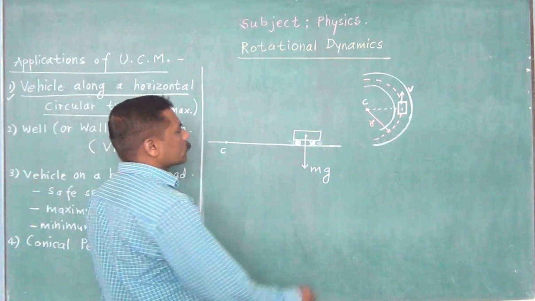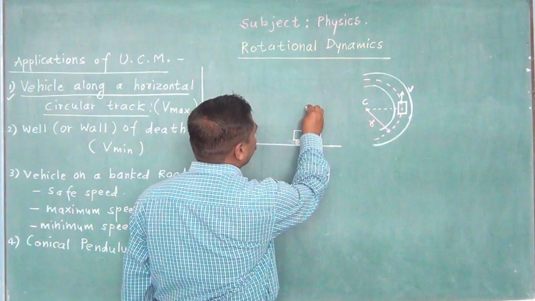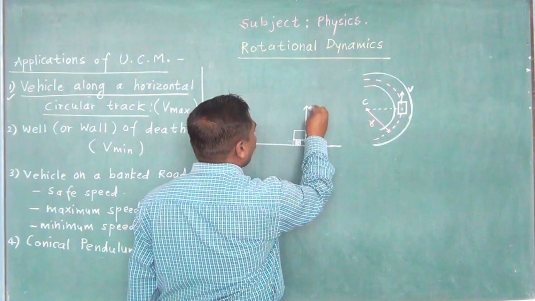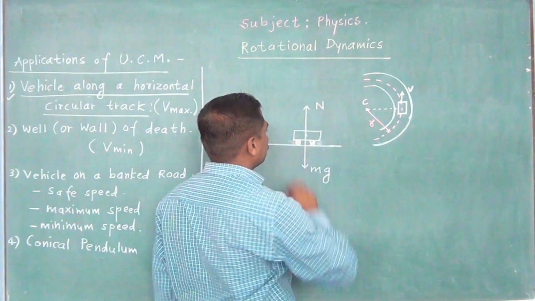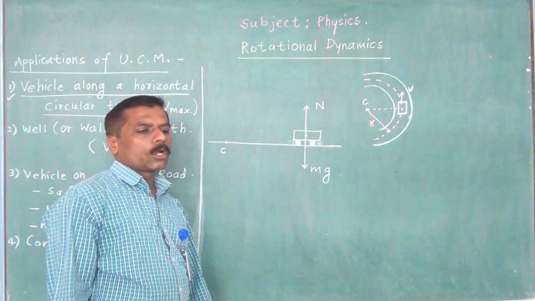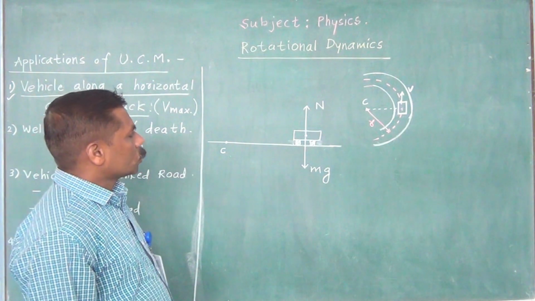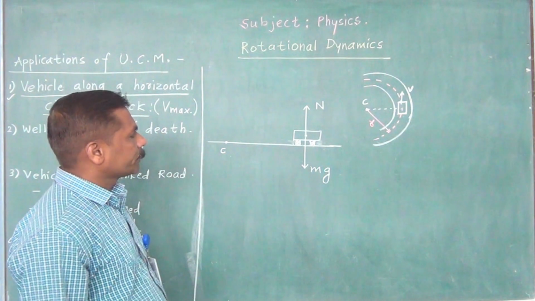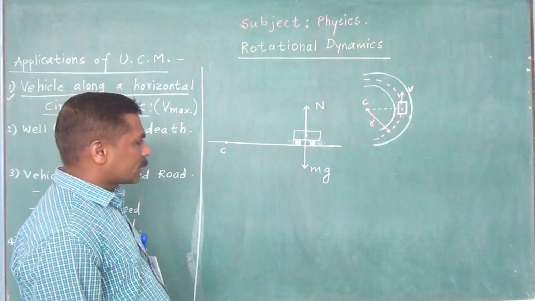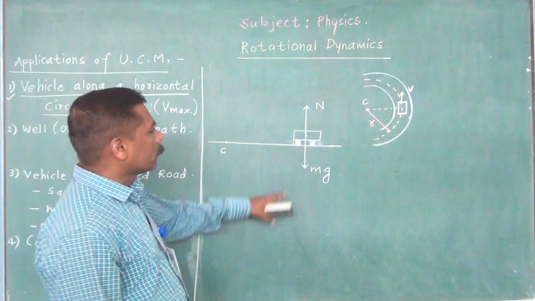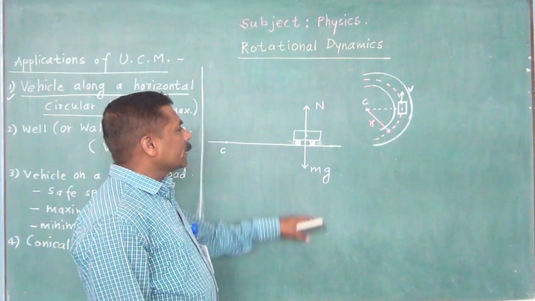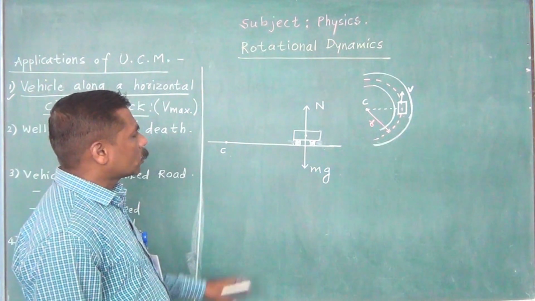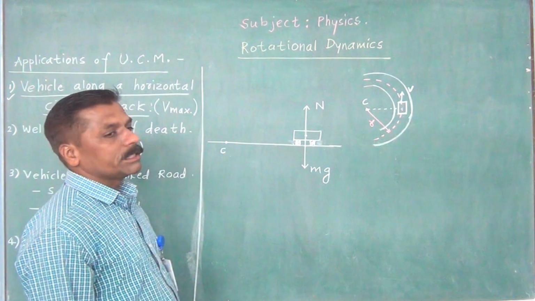The second force, which is acting vertically upward and perpendicular to the road surface, is called the normal reaction. So when the vehicle is along the horizontal road, the two forces, the weight acting vertically downward and the normal reaction vertically upward, are balanced with each other.